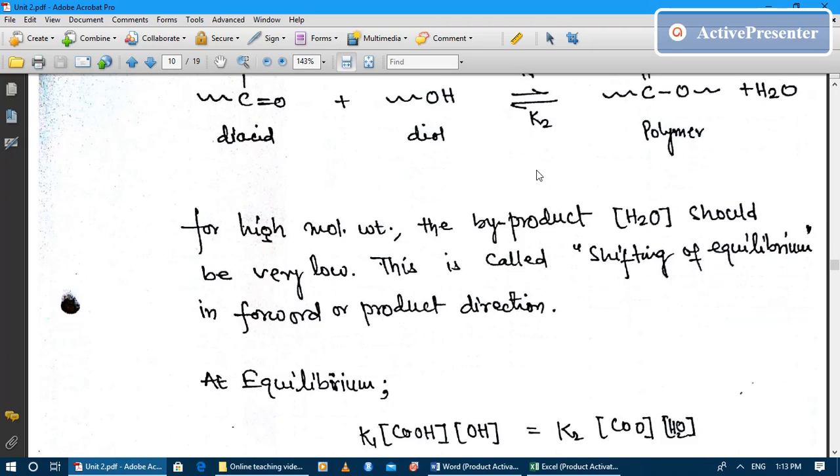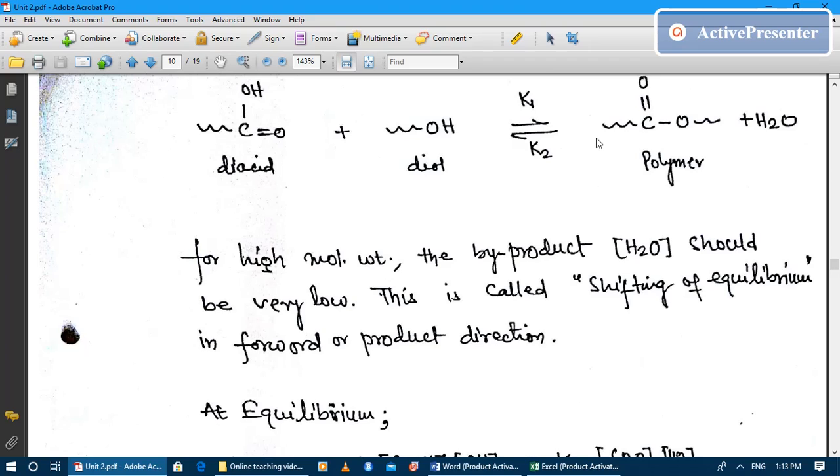This is the usual technique to increase the yield of the desired product. So for high molecular weight, the concentration of the byproduct water should be very low. This is called shifting of equilibrium in the forward or product direction.